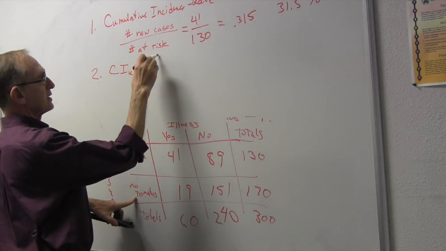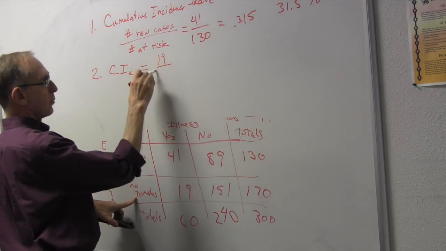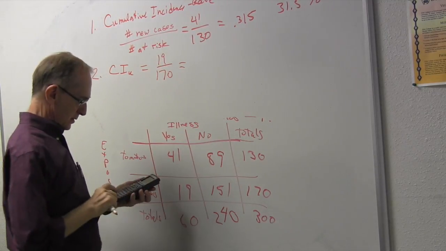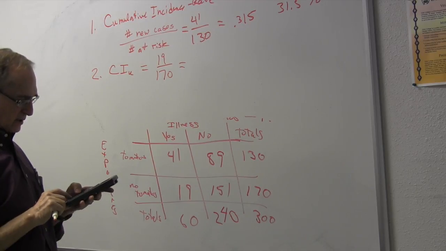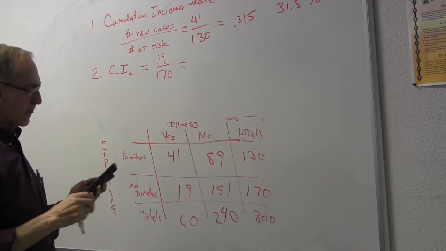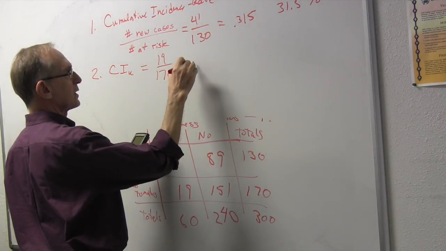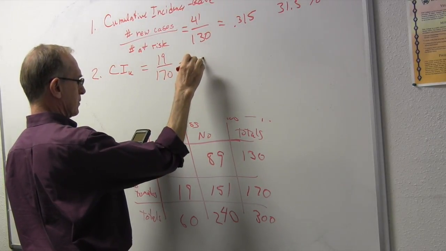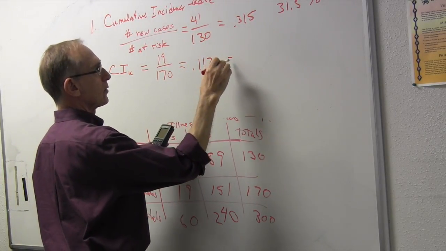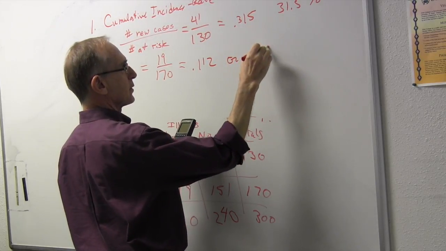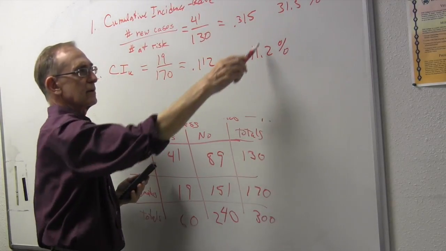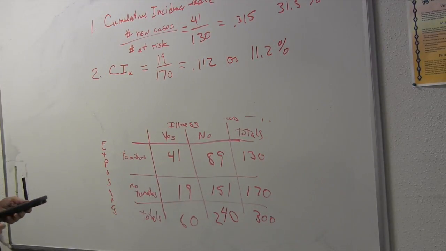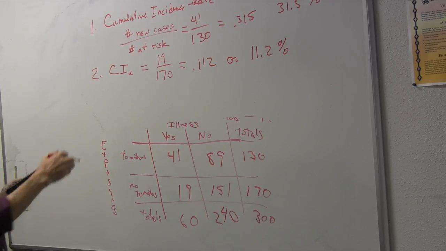So we have 19 over 170. 19 divided by 170 gives 0.112, or 11.2%. So you can see already quite a difference in the rates at which people who ate tomatoes got sick compared to those who did not eat tomatoes.